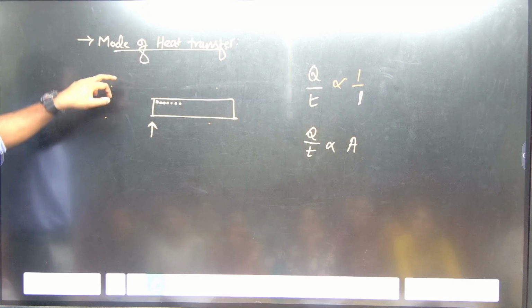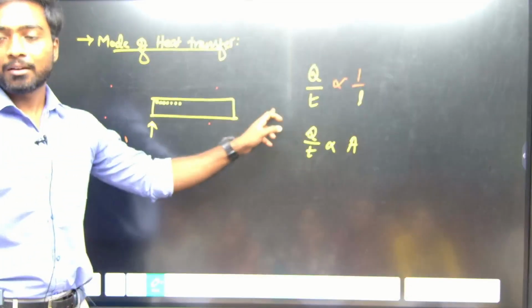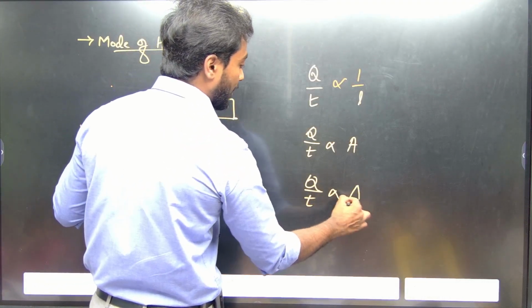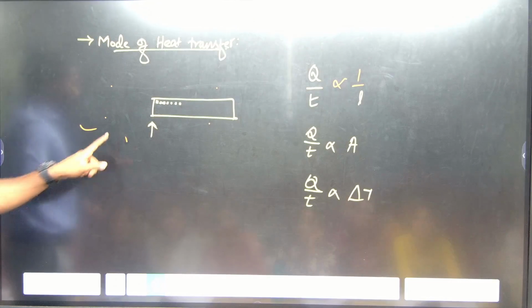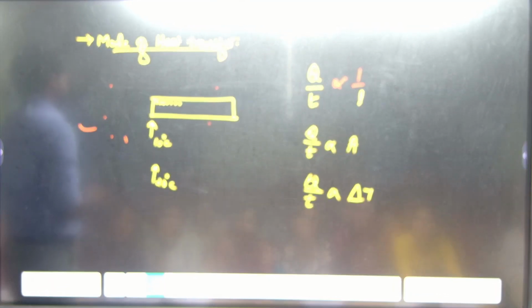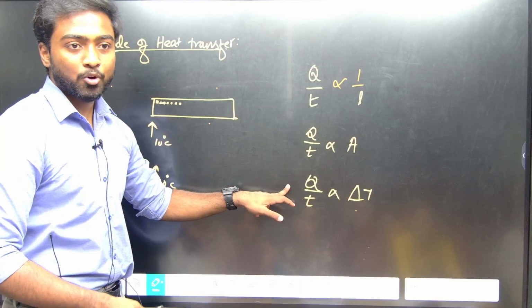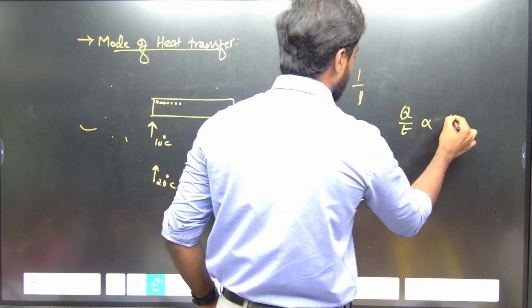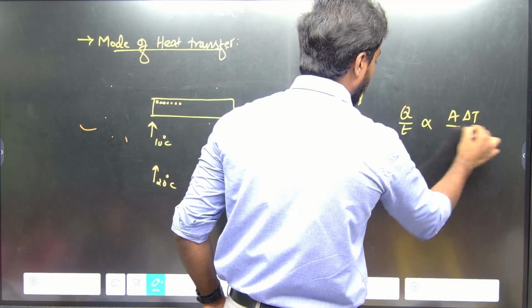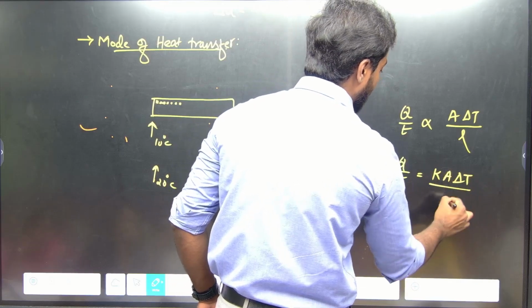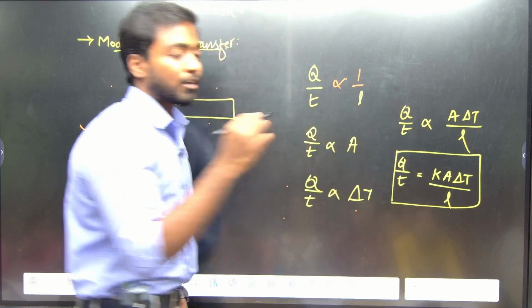And if I increase the temperature, the heat also will pass as soon as possible. Can I say Q by T is directly proportional to delta T? If I keep 10 degrees Celsius or 20 degrees Celsius, which will go fast to the other end? Obviously delta T is directly proportional to Q by T. So from these three things, can I say Q by T is directly proportional to A delta T by L. So Q by T is equals to K A delta T by L. This is the formula for the rate of heat flow.